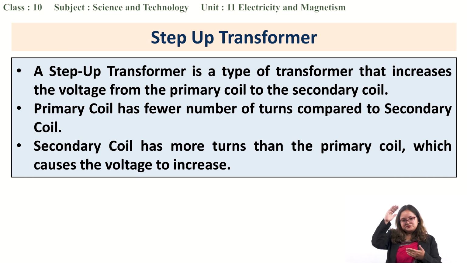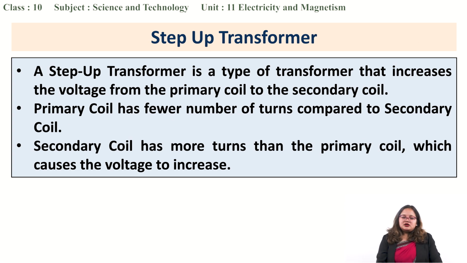You are receiving a certain voltage in the primary coil, but if you are using a step-up transformer, the output voltage is going to increase. That type of transformer which increases the voltage from the primary coil to the secondary coil is known as a step-up transformer.